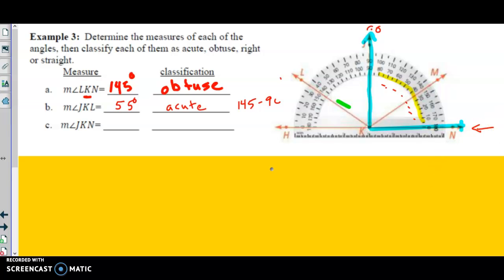And so here we have KN is here at 0 degrees, and KJ is at 90 degrees, and so if we subtract those, 90 minus 0 is 90. So it's a 90-degree angle, which is a right angle.